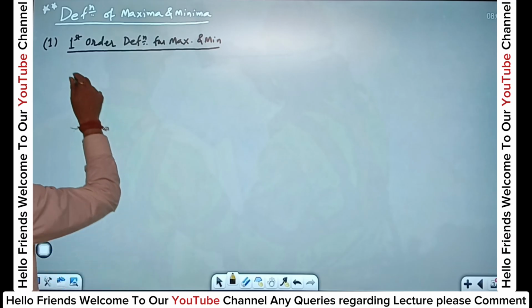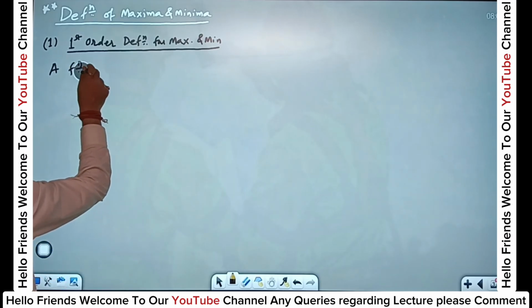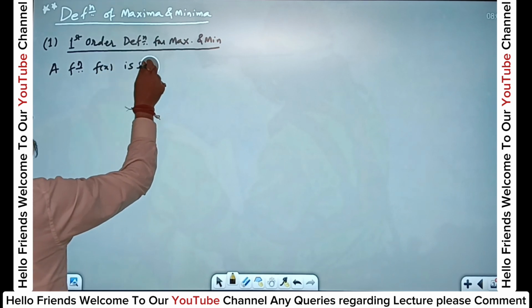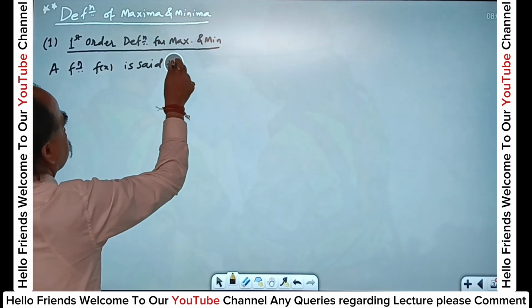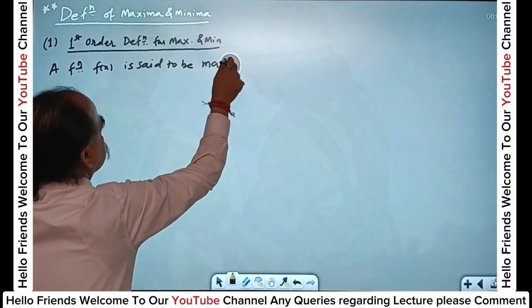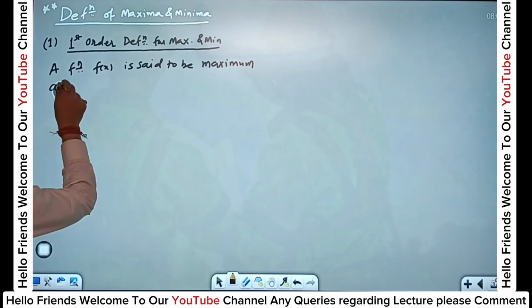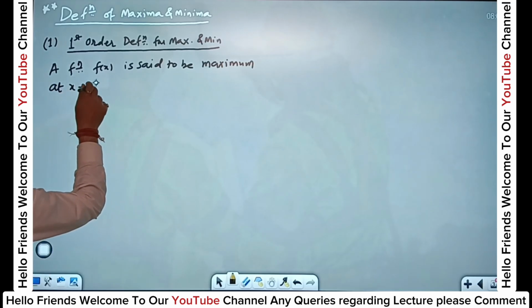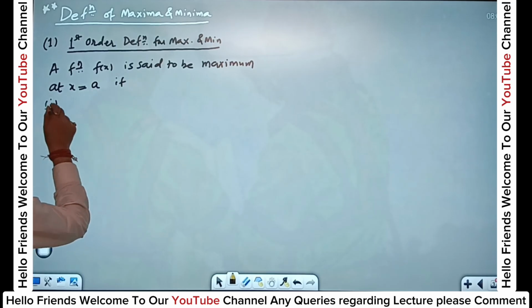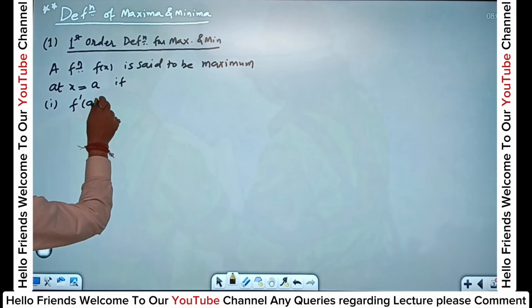A function f(x) is said to be maximum at x is equal to a if number one, first order derivative at a is 0.